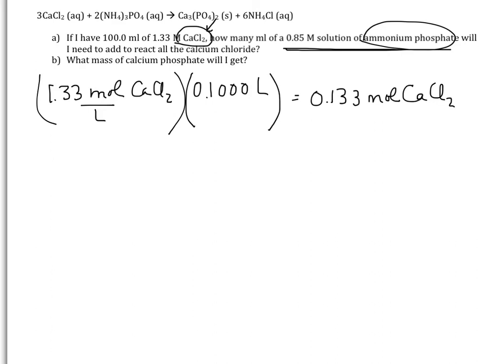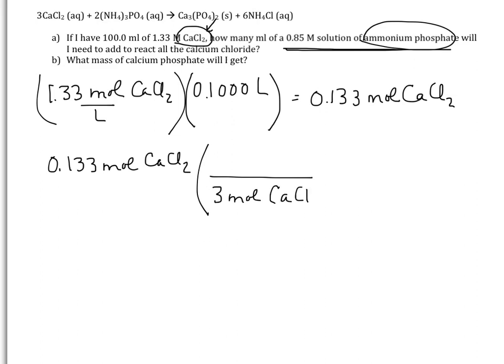That's what we have. Now to figure out how many moles of ammonium phosphate we need, we're going to take that 0.133 moles of calcium chloride, and we're going to look at the balanced chemical equation. We're going to say for every 3 moles of calcium chloride, we need 2 moles of ammonium phosphate, NH4 3PO4.